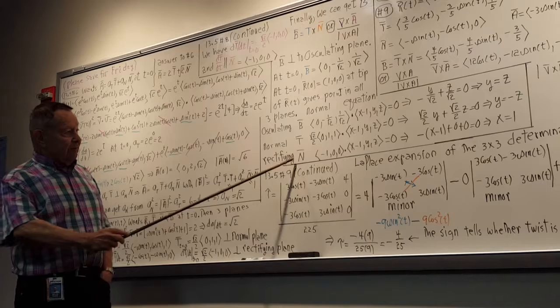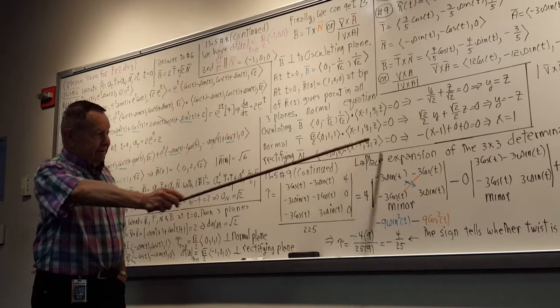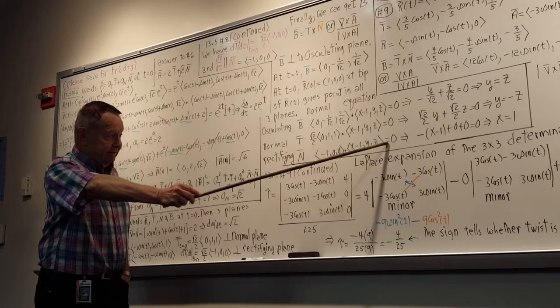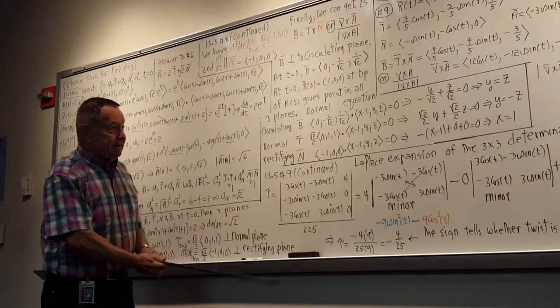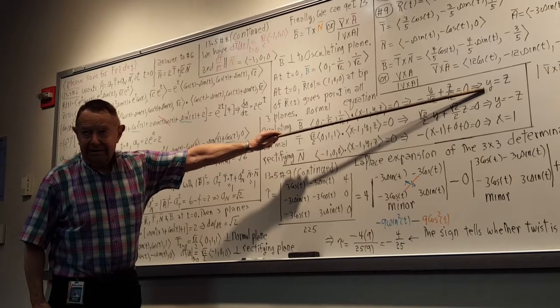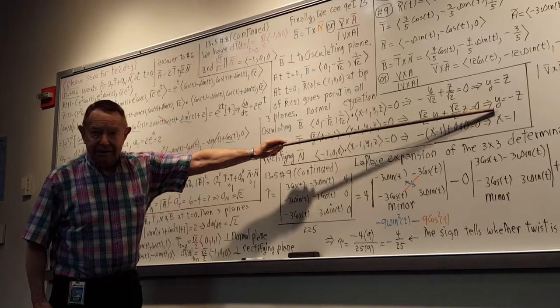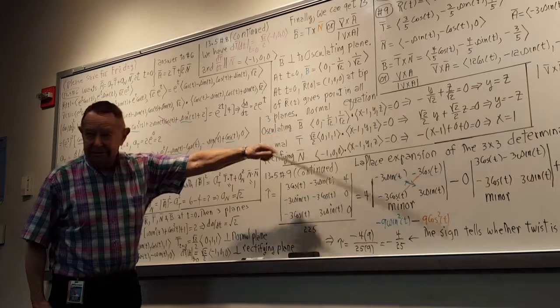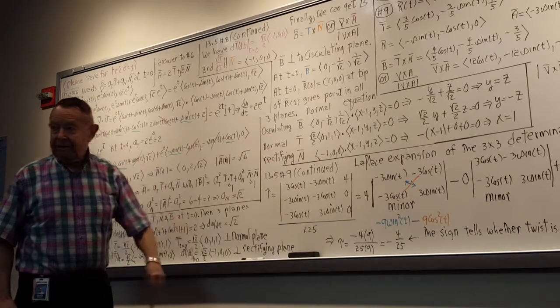And then your normal plane is n vector dot your same general vector equals 0, and you write that out and simplify. So your answers are y equals z, or anything equivalent to it, y equals minus z, or anything equivalent, like y plus z equals 0, for instance, and then x equals 1.